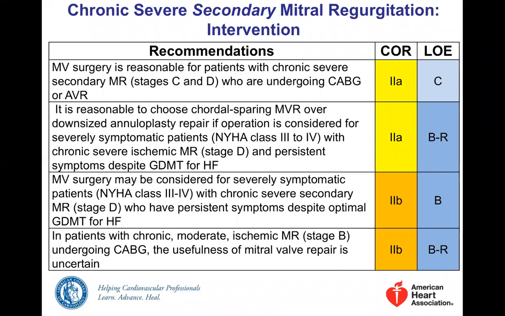Mitral valve surgery may be considered for a severely symptomatic patient, NYHA class 3 or 4, with chronic severe secondary mitral regurg, stage D, who has persistent symptoms despite optimal medical therapy for heart failure. This is a class 2B. In a patient with chronic moderate ischemic mitral regurg, stage B, undergoing CABG, the usefulness of mitral valve repair is uncertain. This is a class 2B also.